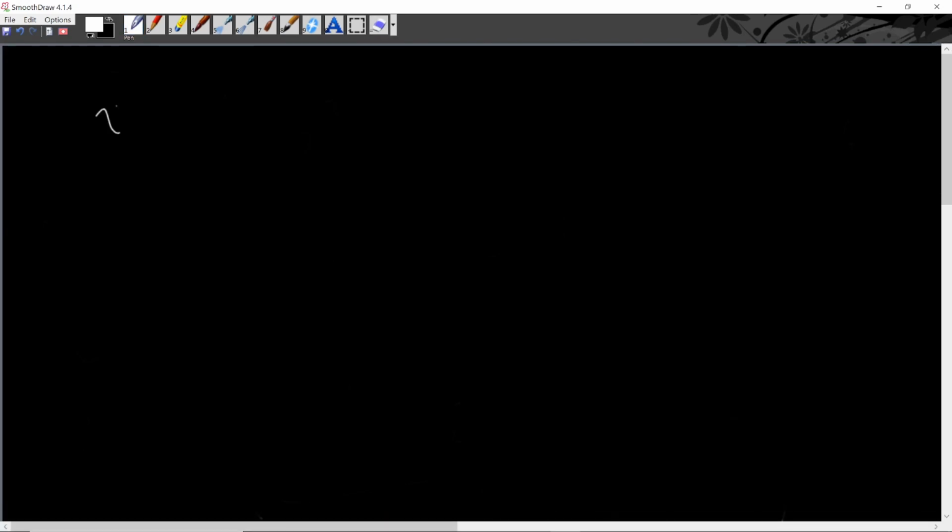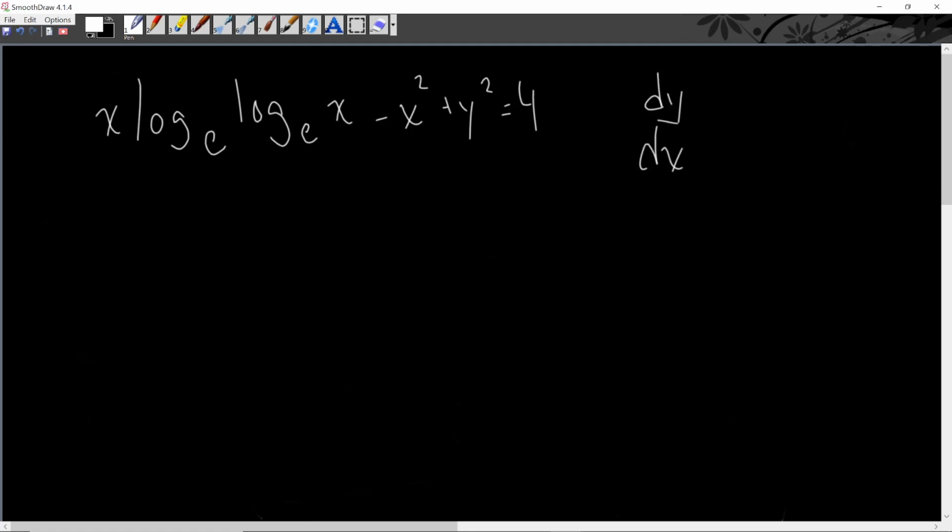So we have x log base e of log base e of x minus x squared plus y squared is equal to 4, and dy dx at x equals, not x equals 3, x equals e is what we're going to do. This is an interesting one. It's kind of tricky. I think we can do it because we can do anything, but it's going to be a bit of a journey.